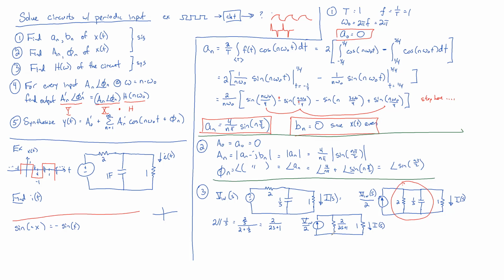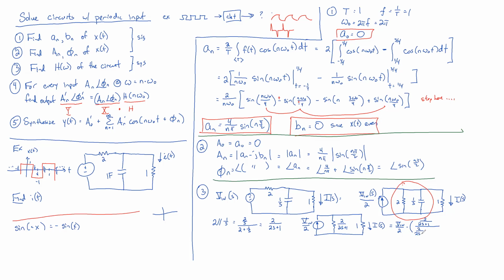So let's see, Tank. What's I sub s as a function of our input? What is our current divider rule? I'll start you off. It's equal to the input times the one that you're not looking for. So 2 over 2s plus 1 over them added together. Added together, yeah.